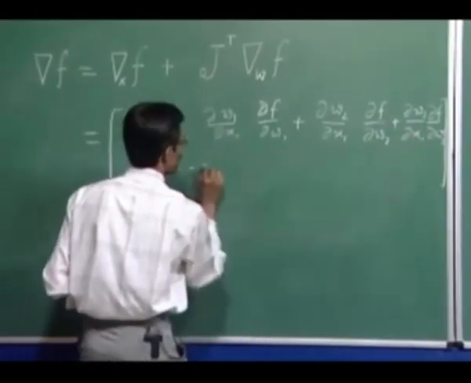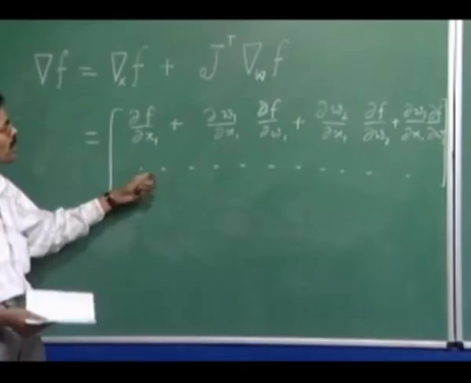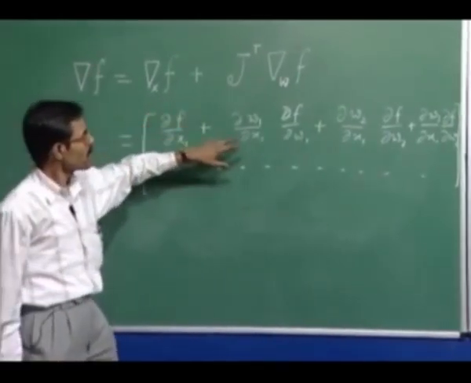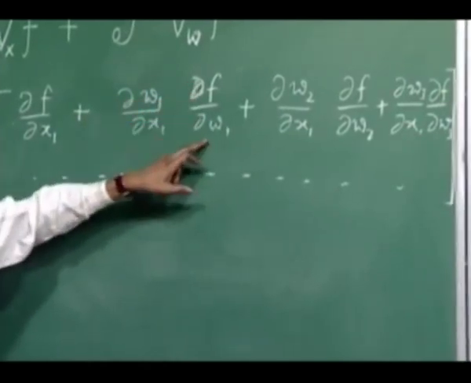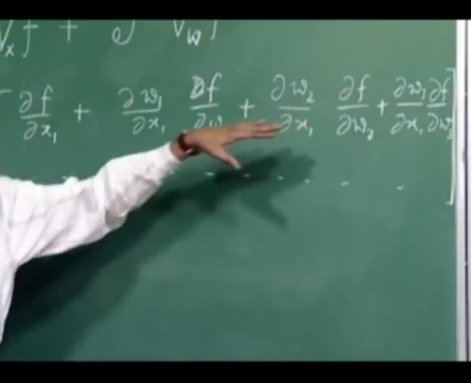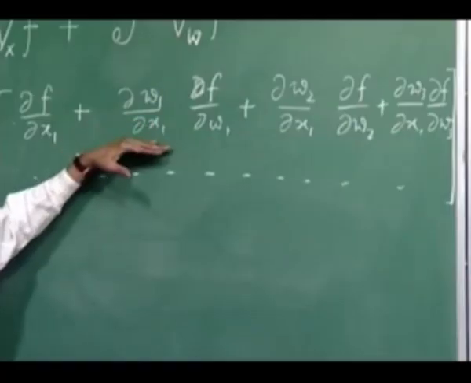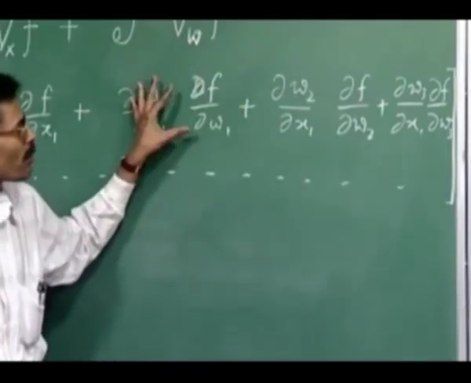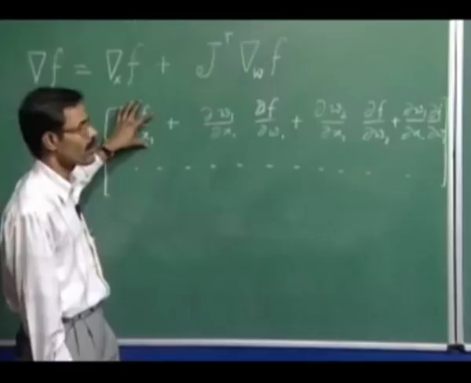Similarly, there will be a second element of it, in which in place of x1 we will have x2. Now, note that this is a direct variation for x1, this is the variation with respect to x1 through variation of w1, del f by del w1 into del w1 by del x1 and so on. So, the variations in w1, w2, w3 due to a change in x1 account for small changes in f through this and through this, and the direct dependence over x1 is accounted for here.